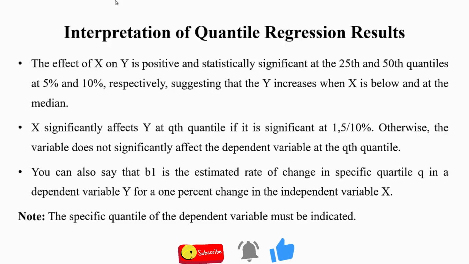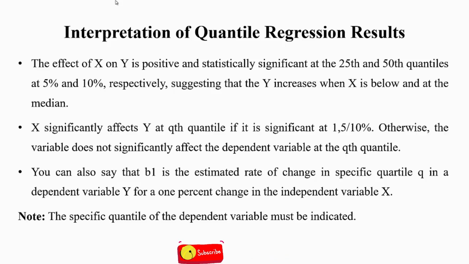But in a situation whereby the 25th quantile is significant at 5% and the 50th quantile is significant at 10%, then you say that the effect of x on y is positive and significant at the 25th and 50th quantiles at 5% and 10% respectively.